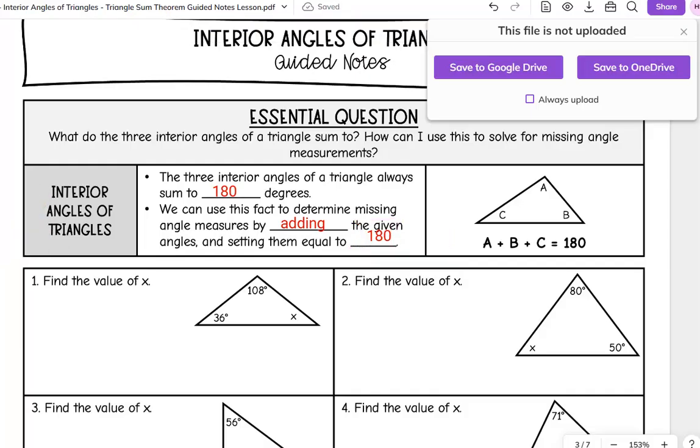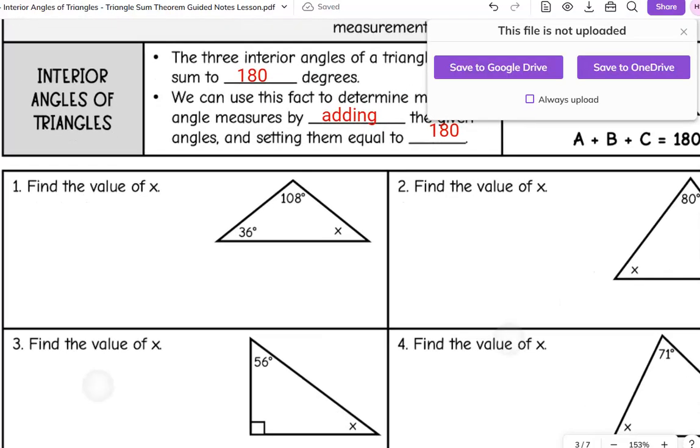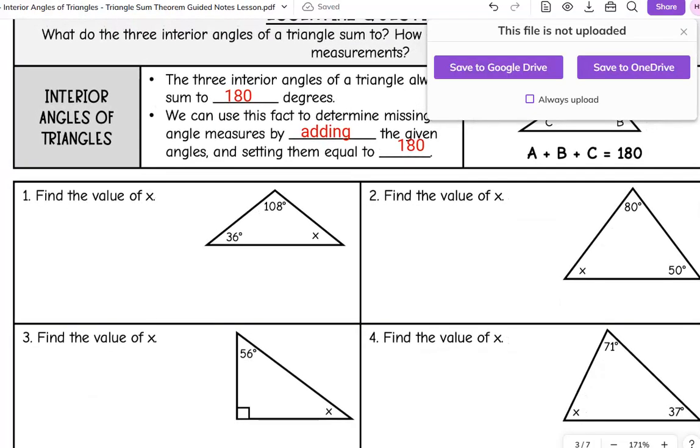Okay, so let's look and see what that means. If I look at problem 1, and I want to make it a little bit bigger so you guys can see it. I don't know what x equals, but let's call this angle 1.